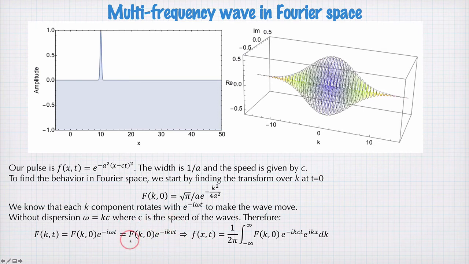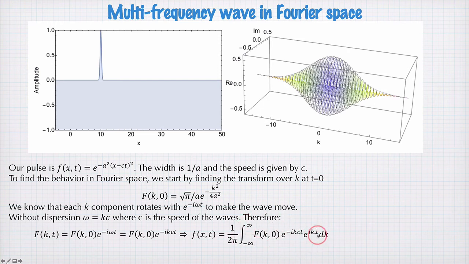But from this point here, we can actually go back and find the function of x and t, because this is now the Fourier transform, f of k and t. If I take the inverse Fourier transform of all of this, I should get back the function f of x and t. So let's apply the inverse Fourier transform. That would be 1 over 2 pi, then we integrate over the entire k-axis, and this is our function here, which is the Fourier transform of our wave, and then we integrate it up with this kernel e to the i k x.